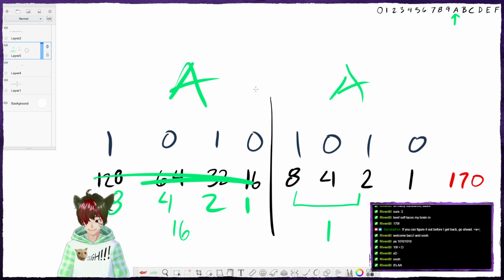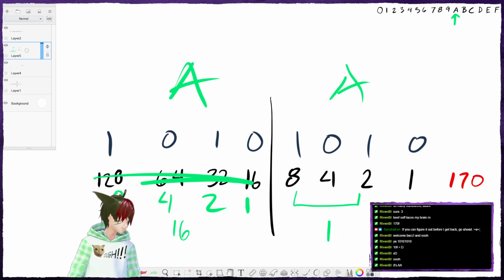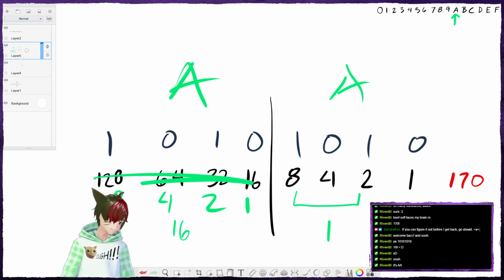Let's go to... Wait, I wonder if Paint has it. Let me just see real quick. Or you know what?